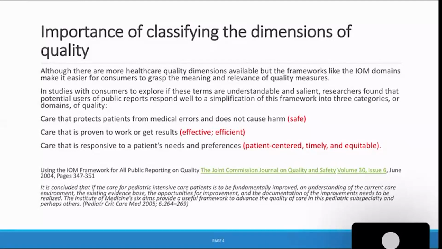The Institute of Medicine 6 aims provide a useful framework to advance the quality of care in the pediatric subspecialties. Perhaps other frameworks also will help, but in specific, there are several publications and research that have continuously mentioned the effectiveness of applying the 6 dimensions quality framework into healthcare practices.